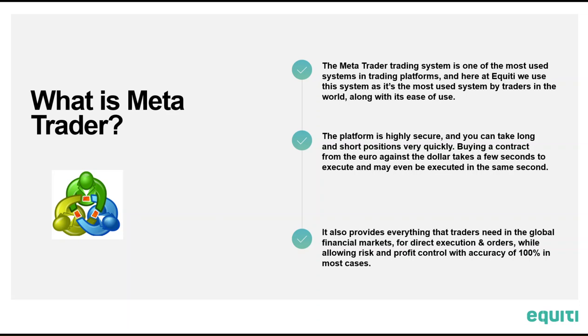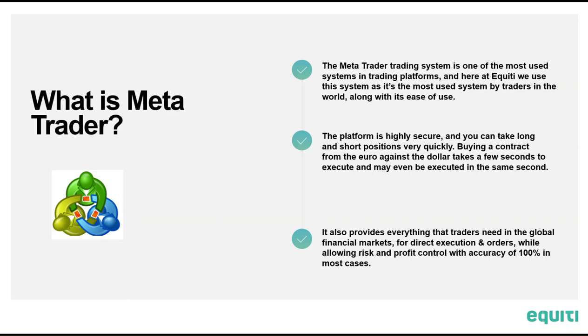So this is one of the most used systems as a trading platform, and here in Equiti we use the system and we also use MT5. And the platform's highly secure, and you can take long and short positions very quickly. Buying a contract of the euro against the dollar takes only a few seconds to execute, and maybe even executes on the same second, depending on the order limit.